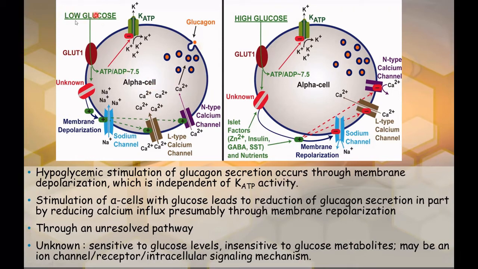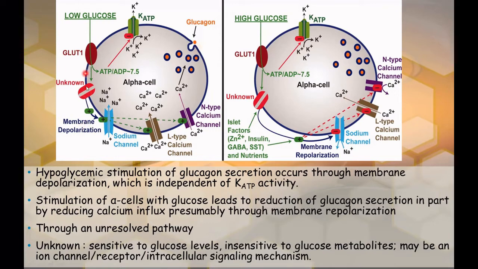Under low glucose concentrations, you have the glucose transporter or the GLUT1 on the cell surface of the alpha cells, and there are unknown sensors which can act in membrane depolarization.